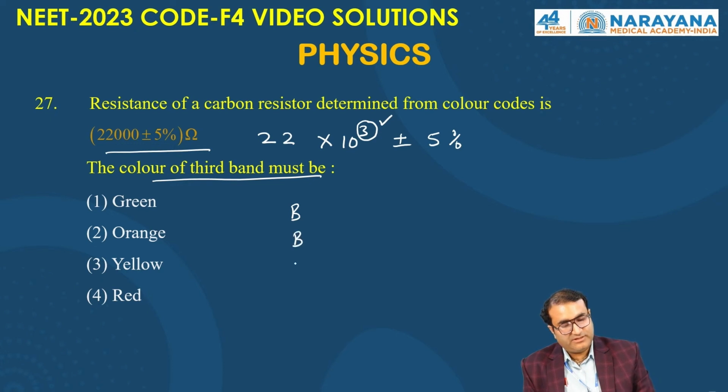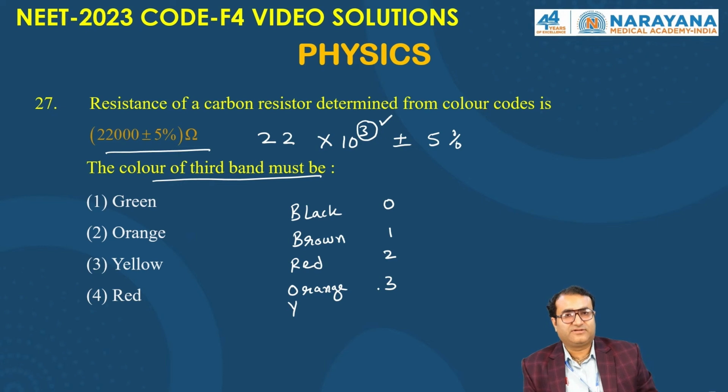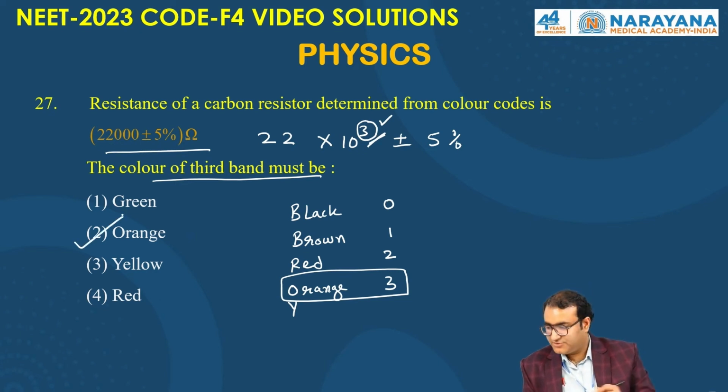B, B, R, O, Y. First is black, next is brown, third one is red, fourth one is orange. When it is the case of the multiplier 0, 1, 2, 3 in the color coding. So third color is orange, which is 10 power 3 here reflecting. So it is second option as the answer.